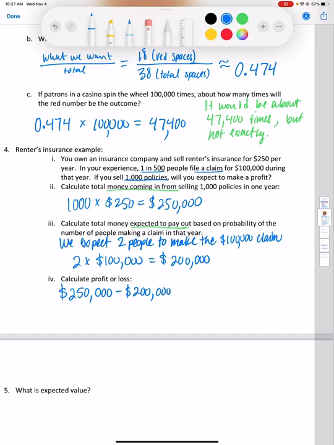So $250,000 minus $200,000 is equal to $50,000. Okay, so that's the money that you will have to not pay. So it's positive money, so that means you get a profit. Okay, profit of $50,000, and that's in basic terms how insurance companies work.